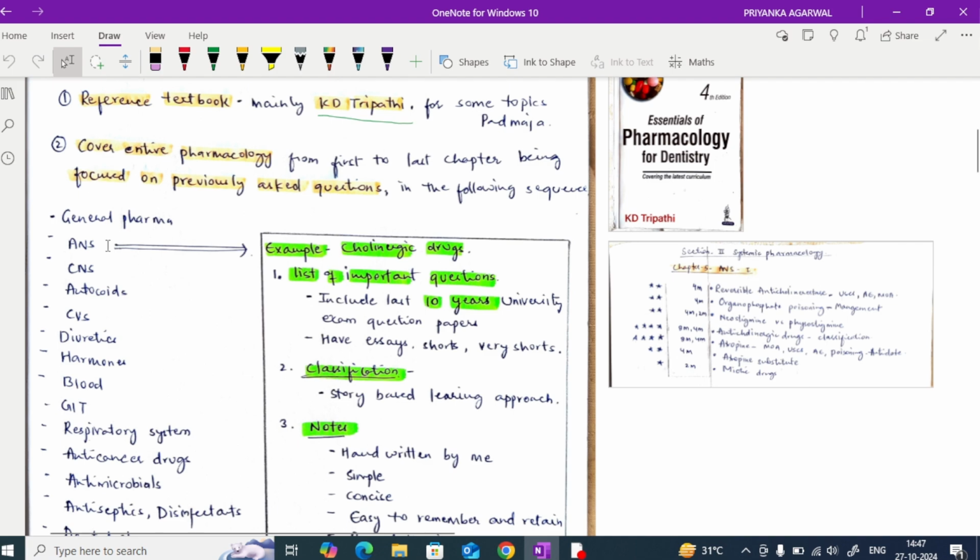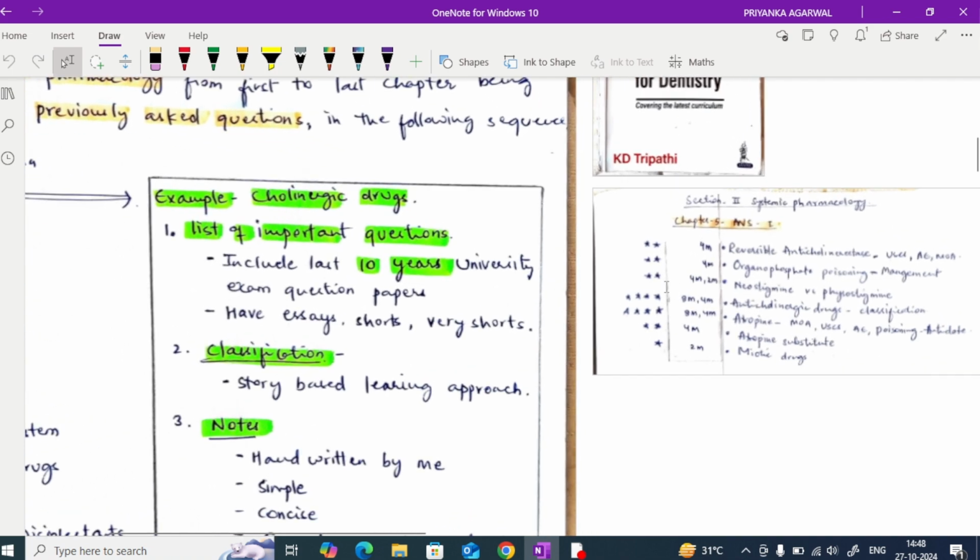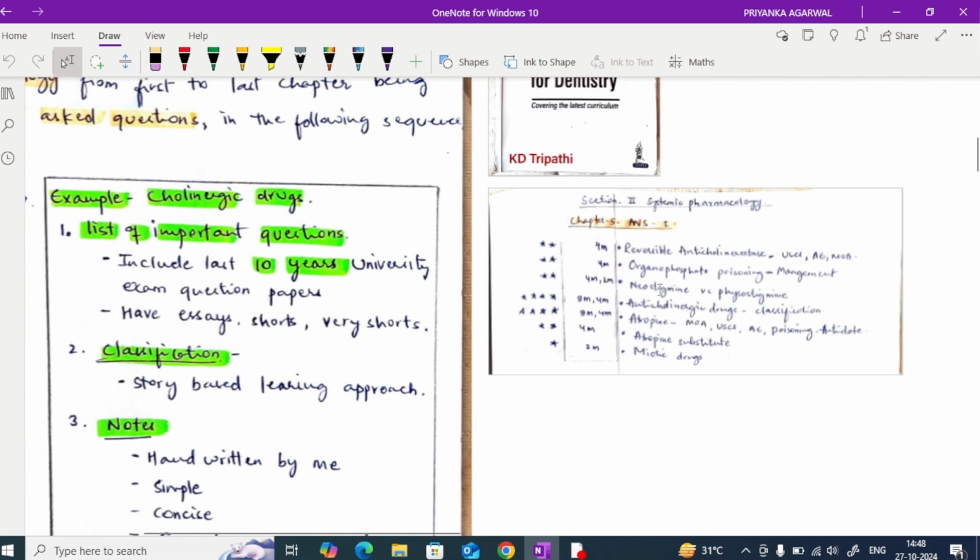So let us take the example of ANS. In the ANS, to be specific, take the example of cholinergic drugs. So if you are studying ANS and cholinergic drugs, how are we going to study that? So first we will see what are the important questions from this specific chapter.